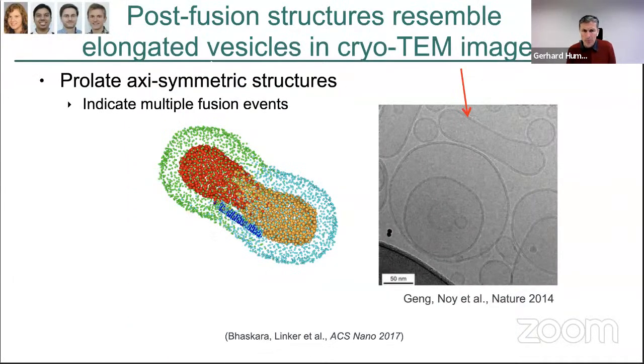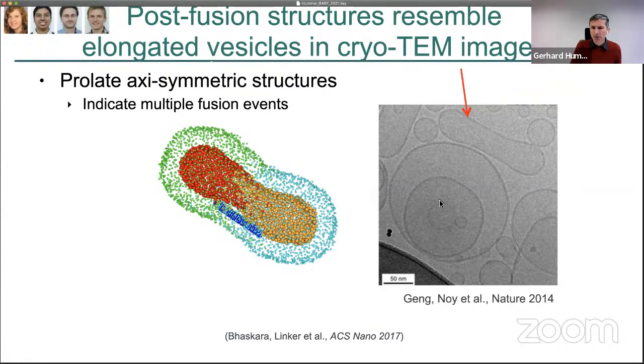So what was reassuring to us was that fusion at essentially constant volume, as you would expect for membranes that are impermeable to salt, results naturally in elongated tubular or peanut-shaped structures.